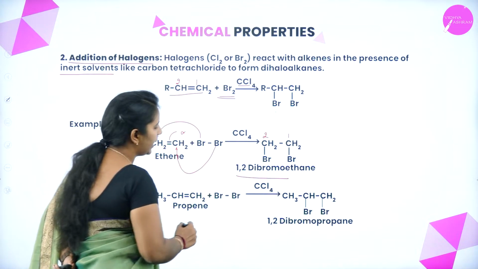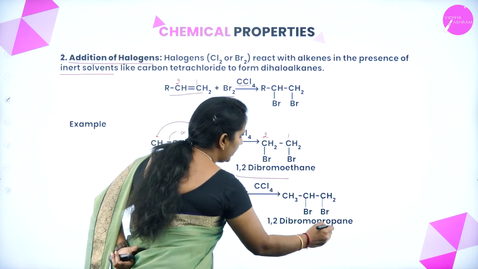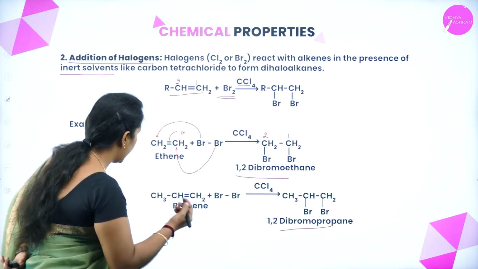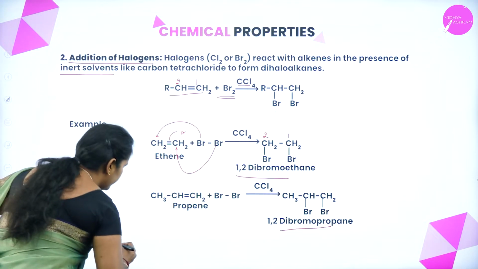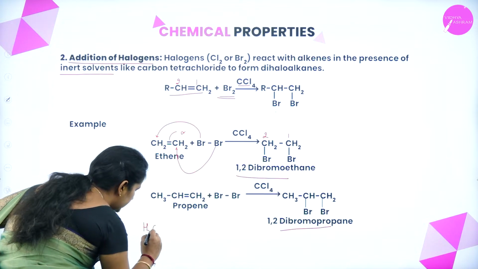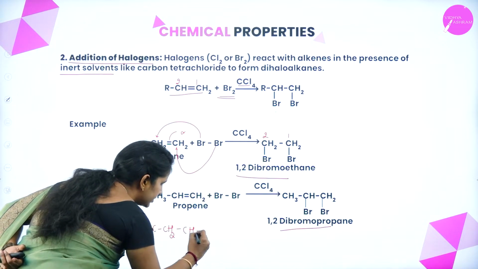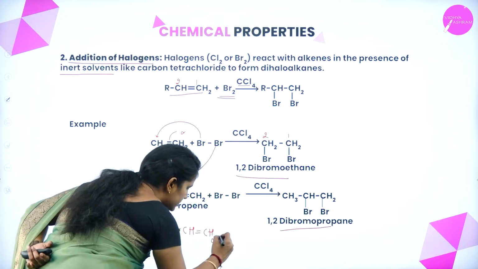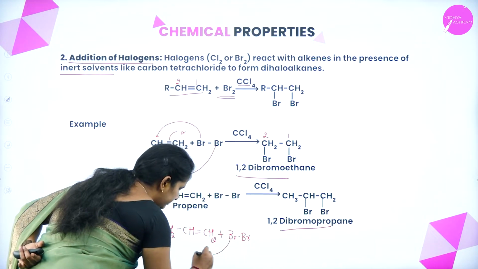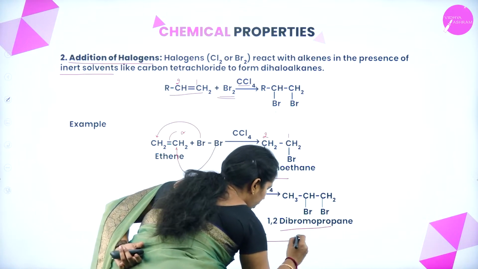If you add the halogen in presence of carbon tetrachloride, it will form 1,2 dibromopropane. You can write one more example for this. I'll write for butene, CH3, CH2, CH double bond, CH2. If you add the bromine, it will break this bond and form what?